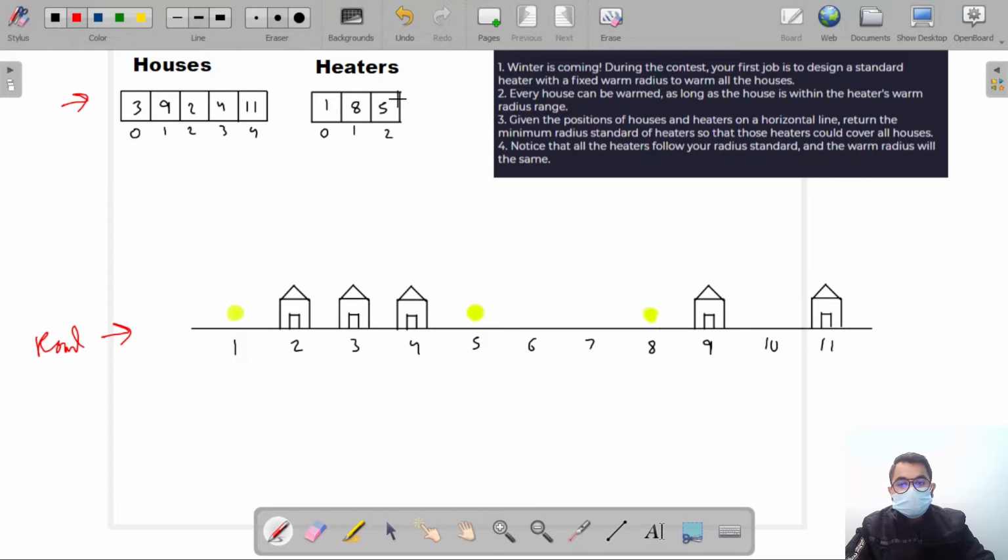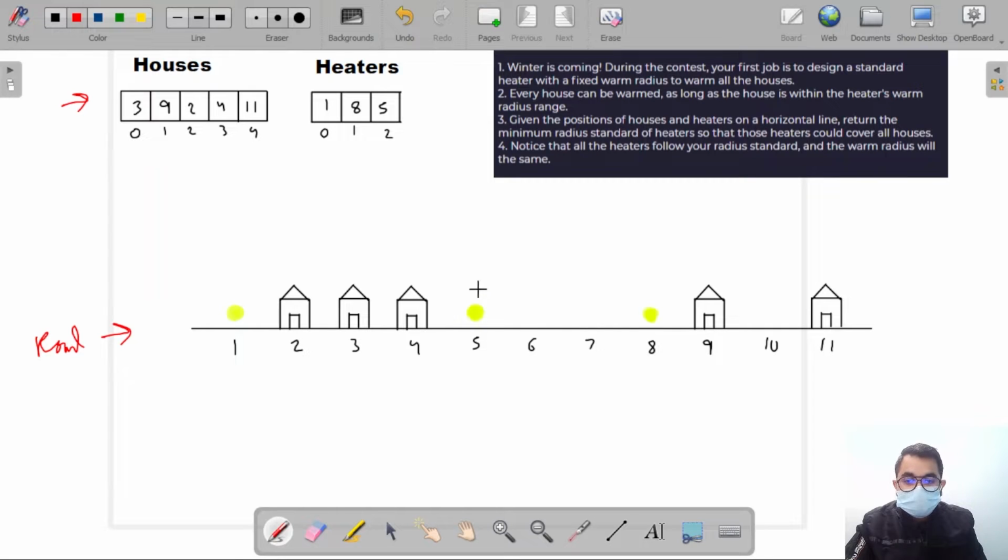Now I have the heaters array, and the heaters array is storing something similar. The heaters array contains the positions on the road at which a heater is kept. So at position 1 one heater is kept, at position 8 one heater is there, and at position 5 there is one heater.